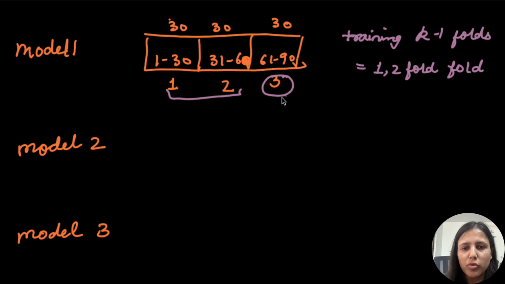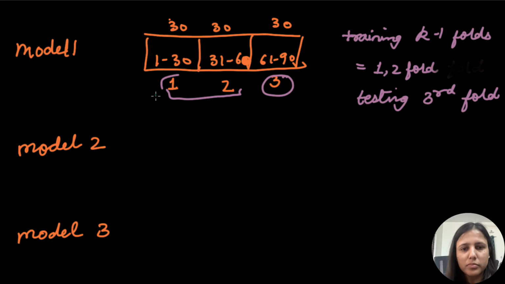Then we move forward in a window. We'll use 2 and 3 and keep 1 in testing, right? So for the first model, the 1 and 2 folds are for training, which is k-1, and for testing you will use the third fold, correct?